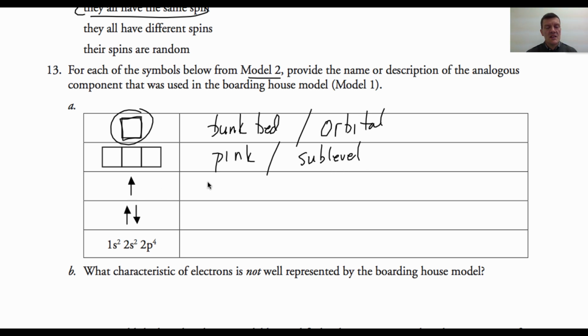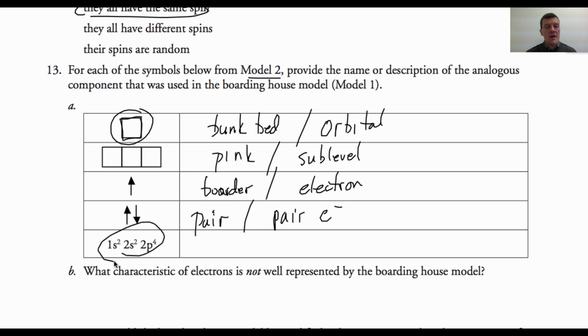This here was a boarder in the house illustration. This now is our electron. That arrow is representing an electron. This was a pair of boarders. Likewise, it is a pair of electrons. And this is the manager's code. Now with electrons, this is our electron configuration.